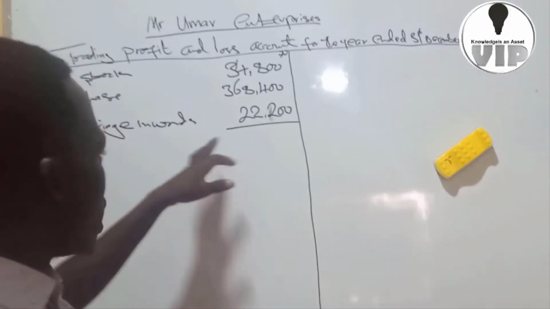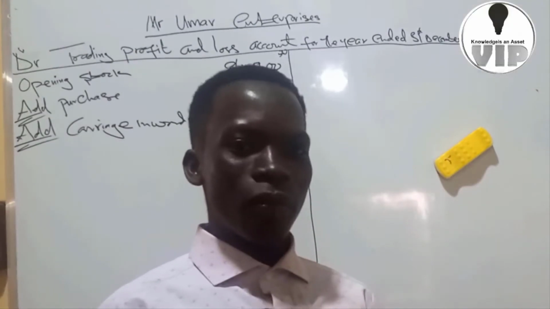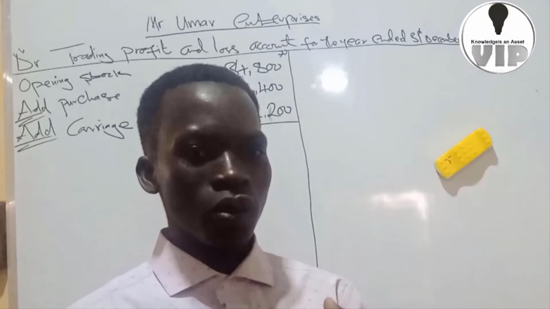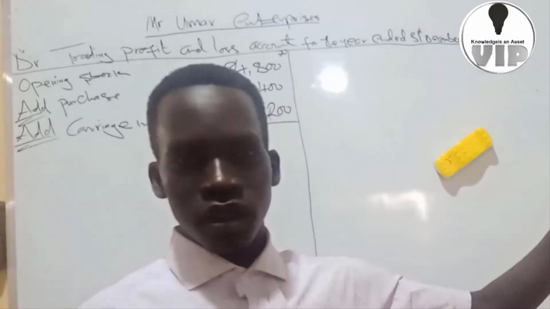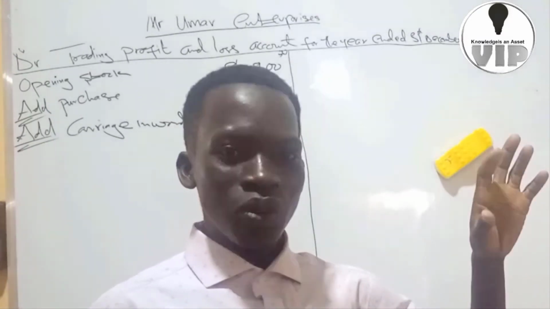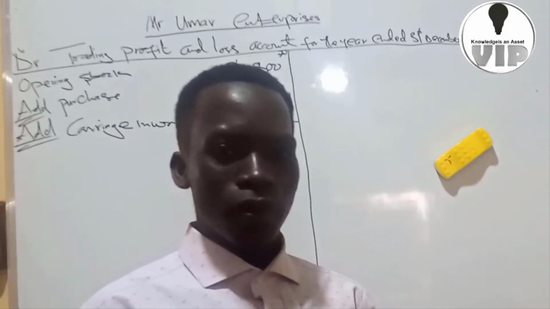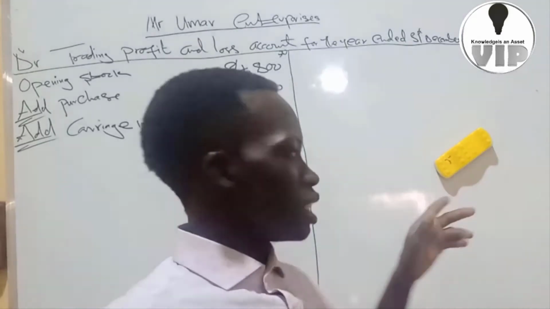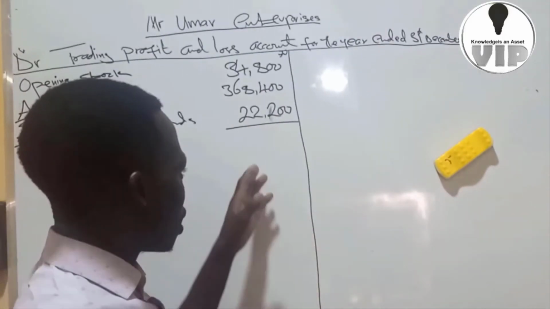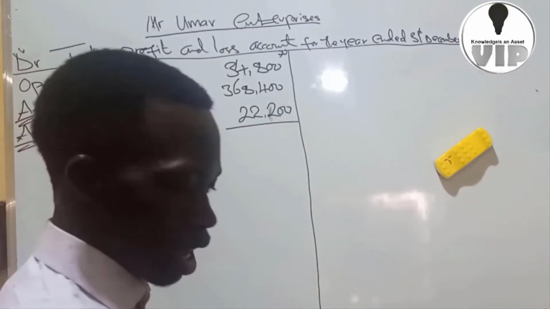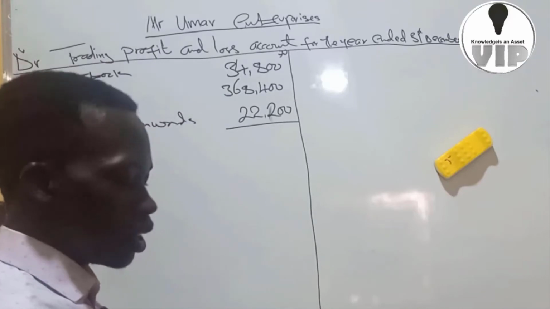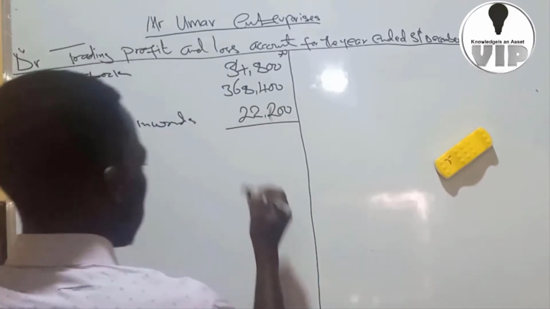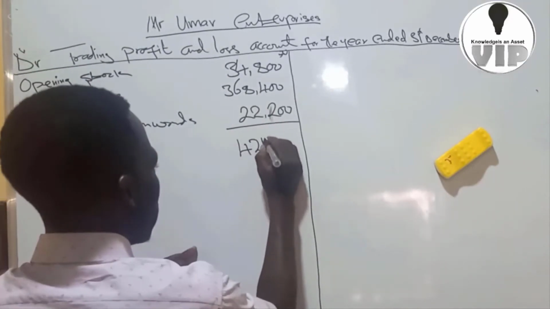This carriage is the money we paid for transporting the goods we purchased from the supplier. It is not the money you paid for transporting your goods out of your shop. So now we want to add these three, and the actual amount we are going to put is 424,900. 400,900.